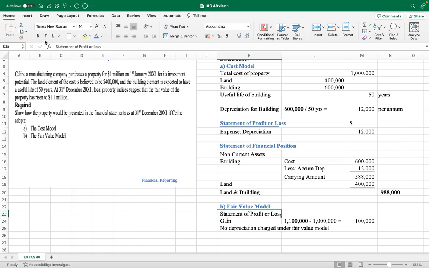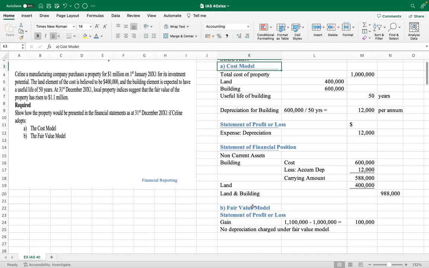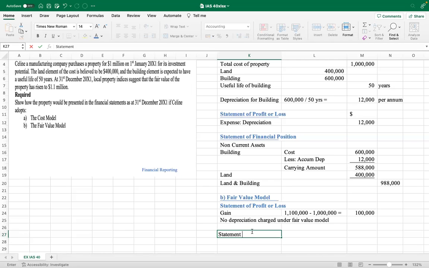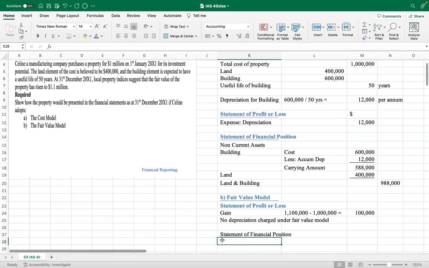So that is the statement of P and L. Remember, we started with the cost model. Now we are in the fair value model. Now let's look at the statement of financial position.